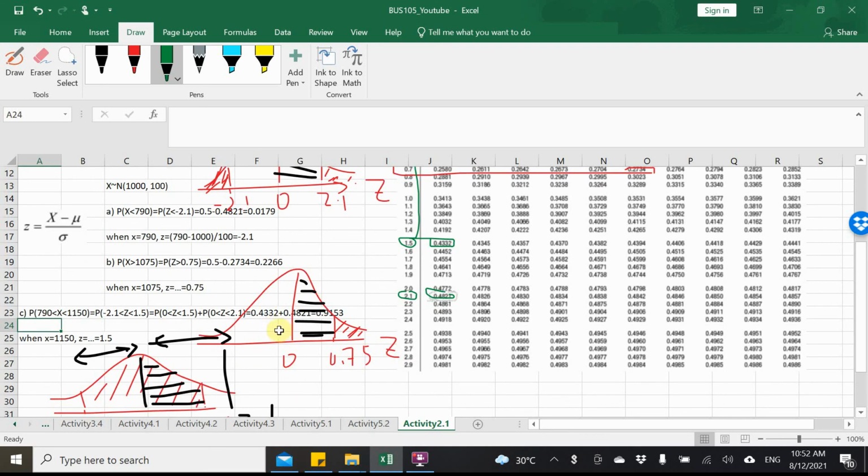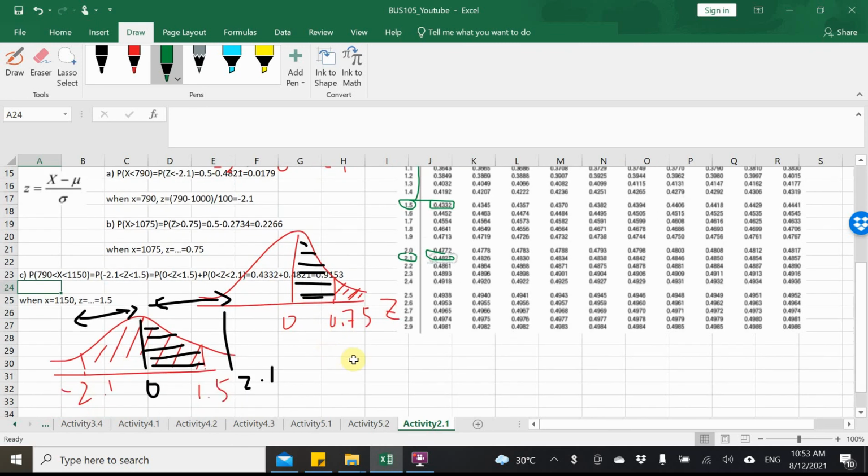So once again, two steps are key to answer this type of question. The first step is to use this formula to get the z-score, and the second step is to draw the graph to help us understand how to get the area that we want. Okay, so that's how to answer this type of question using the table.